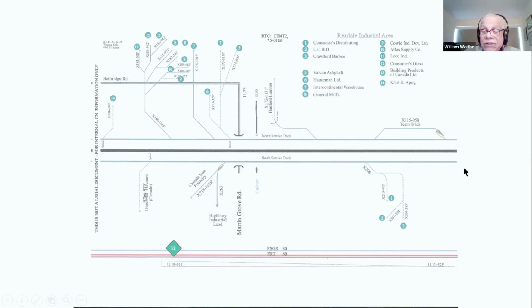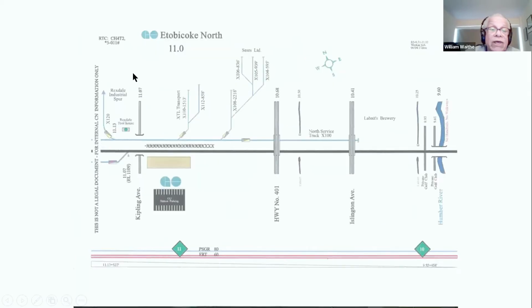As we proceed further east, which is to the right here towards Toronto, we have Etobicoke North, again with industries served from the North Service Track and the South. We've modeled a number of these industries and on specific streets. We've modeled also a number of the major roads that cross over or under the Weston Sub.